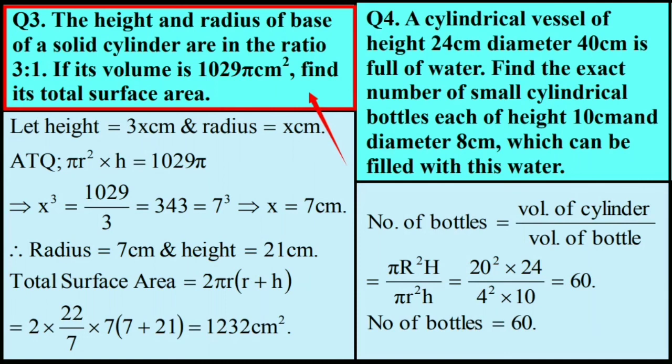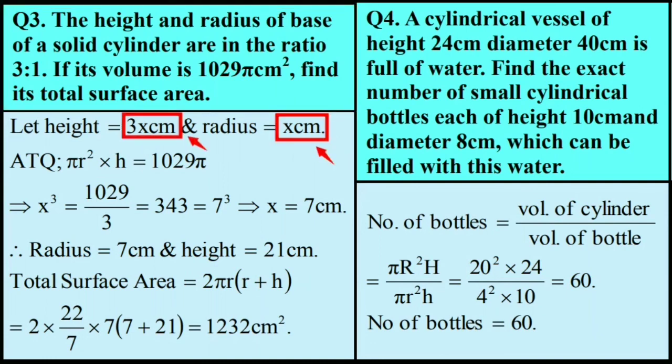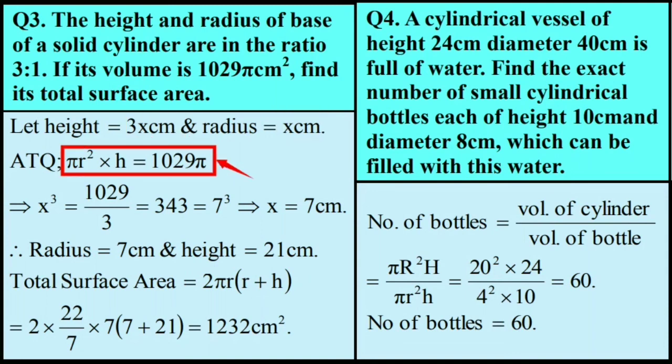In the question, for a solid cylinder, the ratio of height and radius is 3:1. Hence, height and radius can be assumed as 3x centimeter and x centimeter, where x is the ratio factor. Since the volume of the cylinder is given as 1029 pi, we compare this value with the volume formula pi r square h.